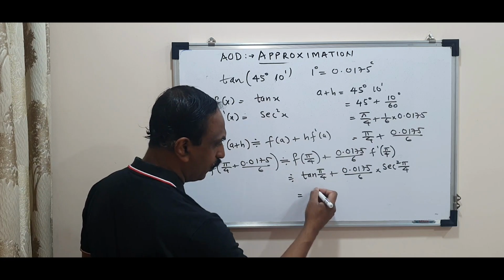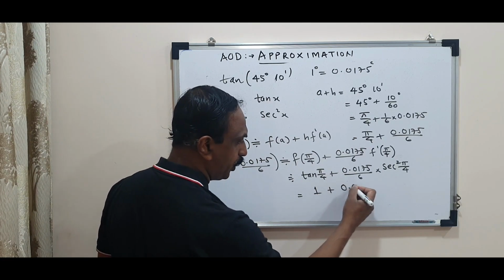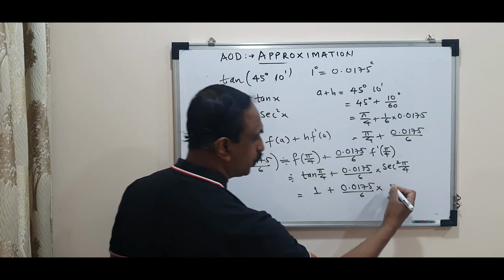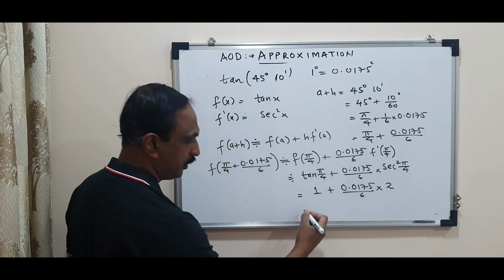That becomes 1 plus 0.0175 upon 6 into root 2 square, that becomes 2.